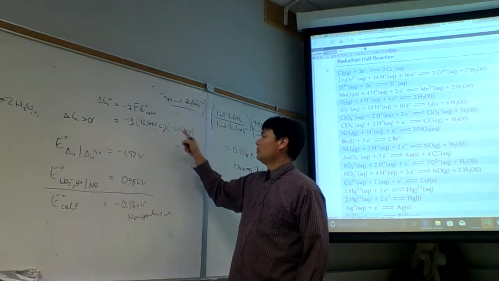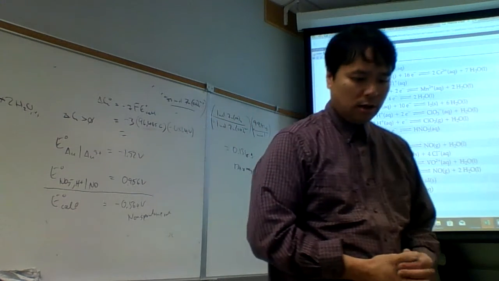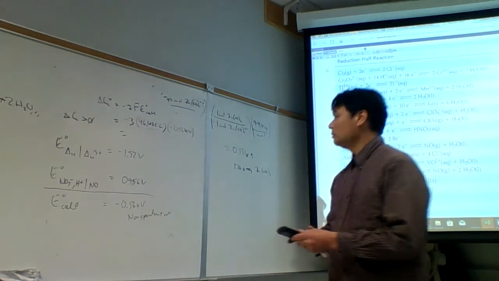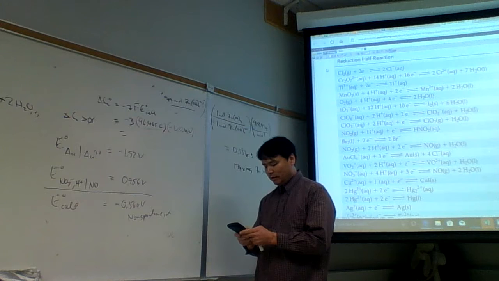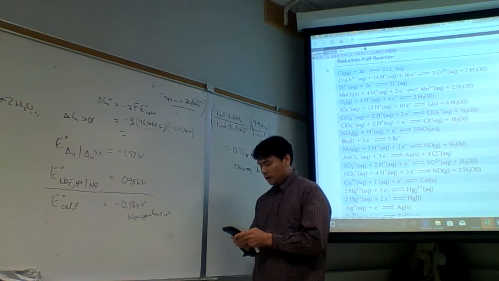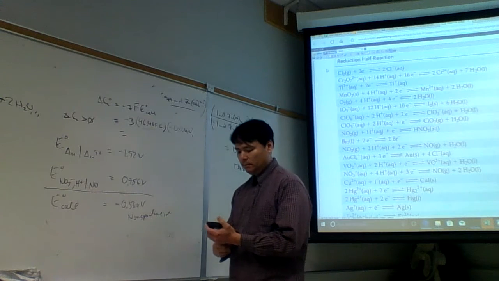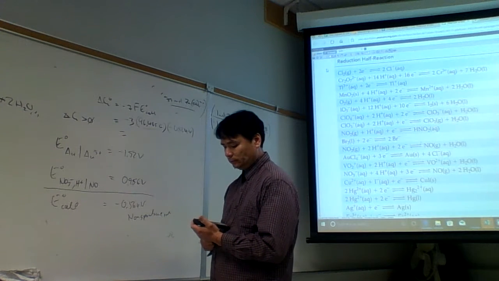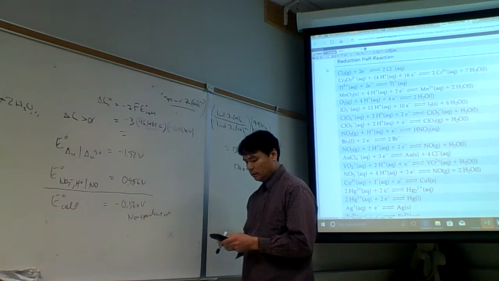A coulomb times a volt is a joule. And so we can figure out how many joules this is. And so doing that, it's going to give us, let's see, 3 times 96,485 times 0.564 gives us, let me make sure I did that.